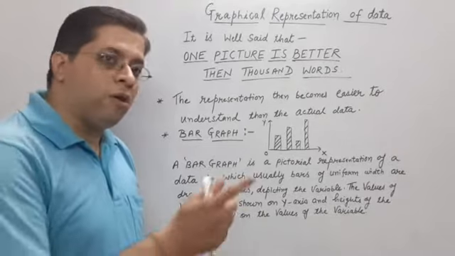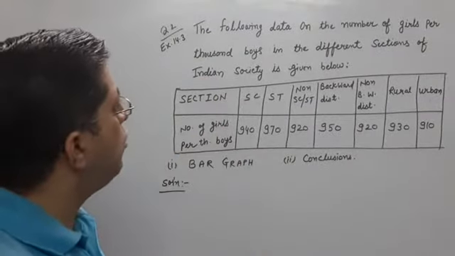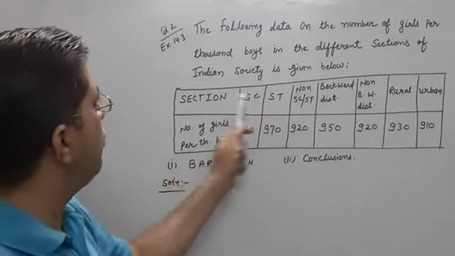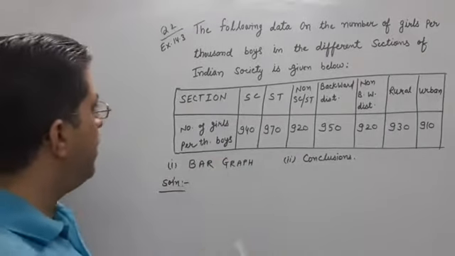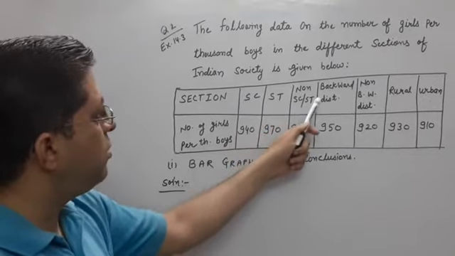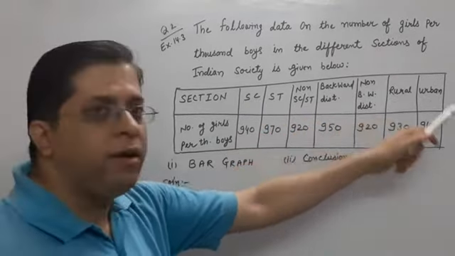Now come to the questions. The question is: the following data on the number of girls per 1,000 boys in different sections of Indian society is given here. This is your question and the data are here. Sections like SC, ST, non-SC/ST, backward districts, non-backward districts, rural and urban.